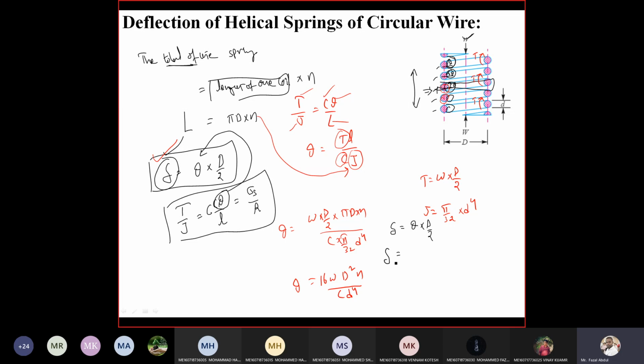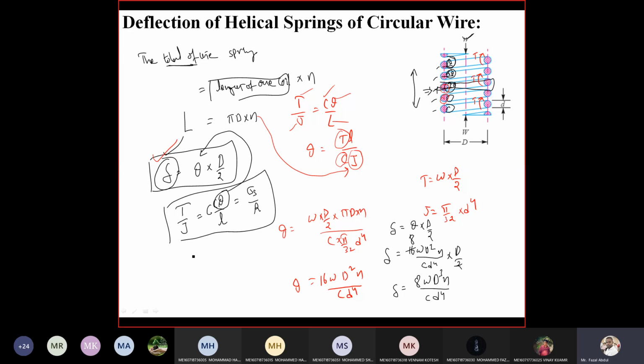So the axial deflection delta equals 16 W D square into N by C D power 4 into D by 2. So 2 8, that is 8 into W into D cube into N by C D power 4.